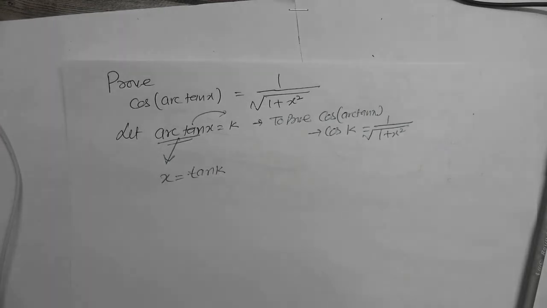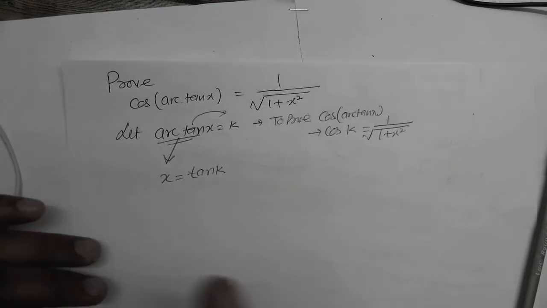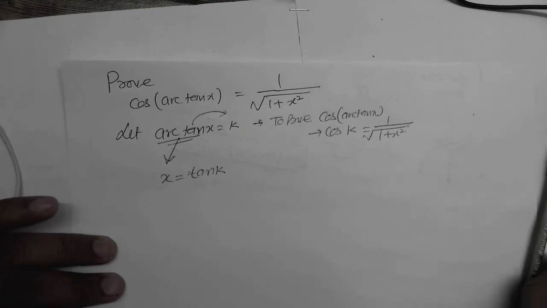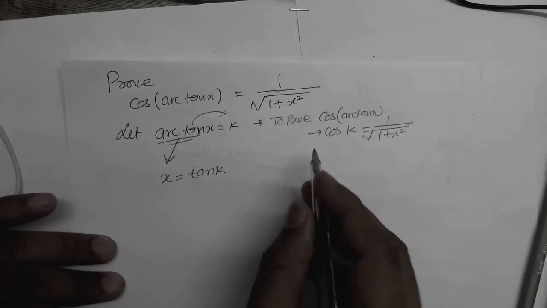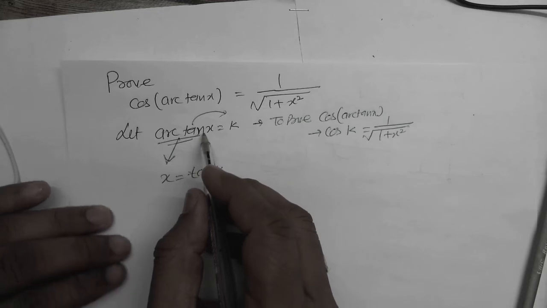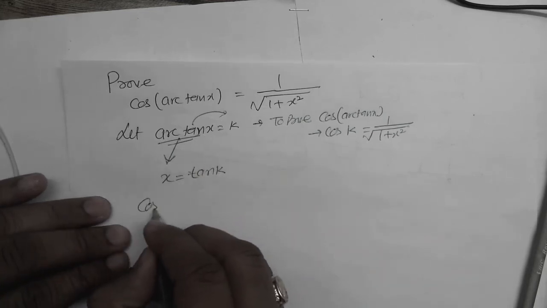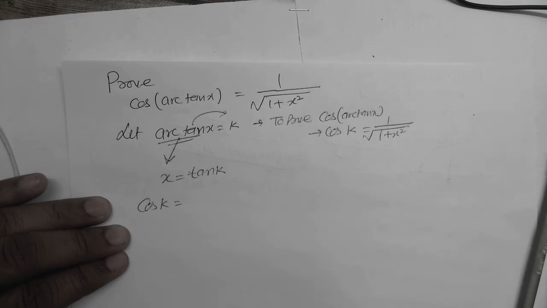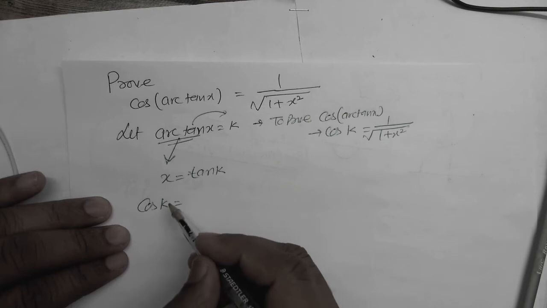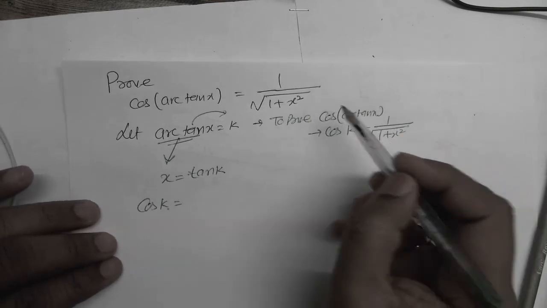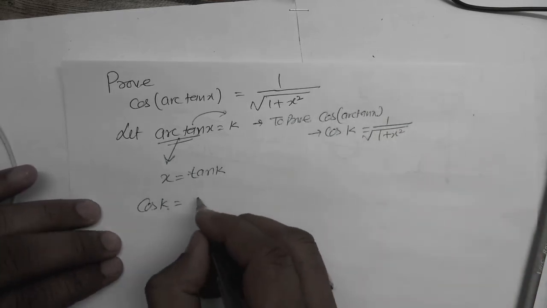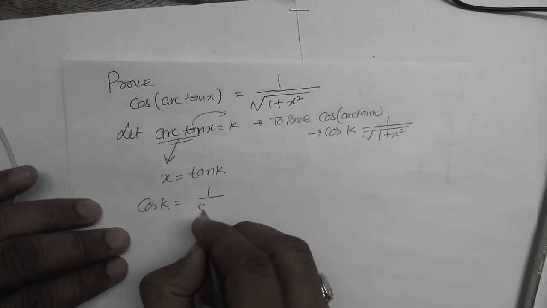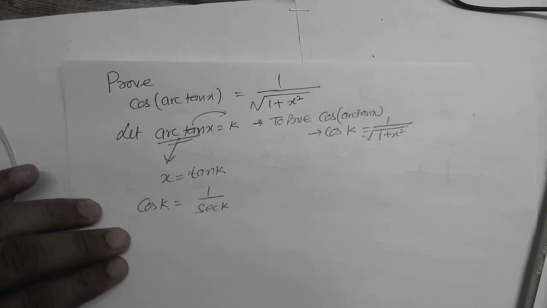Right, so now what I'm planning to do, guys, I'm trying to work out this question of cos. So cos k is what we're trying to prove, and I'm going to try and relate this somehow to tan. So cos is 1 over sec, and sec and tan have a relationship.